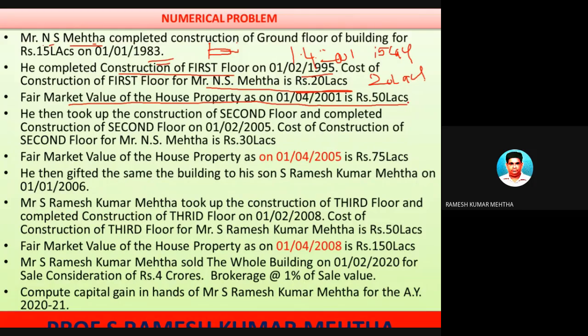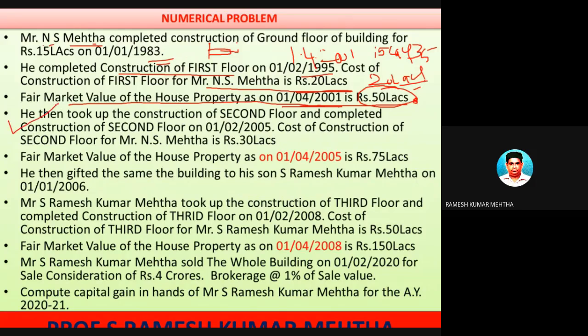For this building, ground floor and first floor, the fair market value was found out, that is, if it were sold or someone were to buy it, what its fair market value would be as on 1/4/2001. So 15 lakhs plus 20 lakhs was 35 lakhs, but the fair market value was more than the cost of construction of 35 lakhs, which is 50 lakh rupees. Now this is number 3.